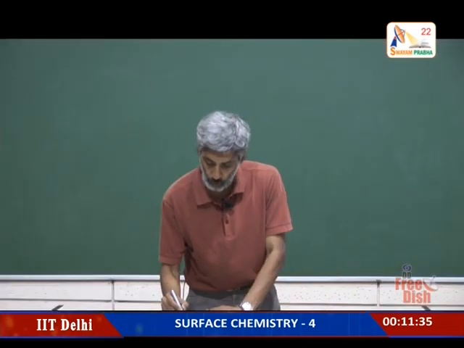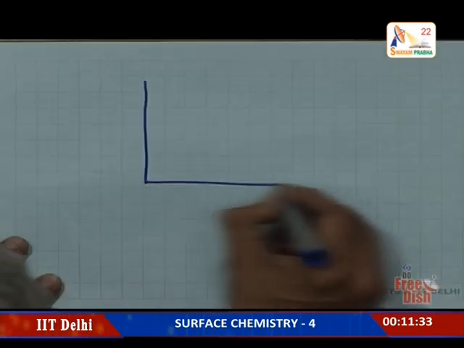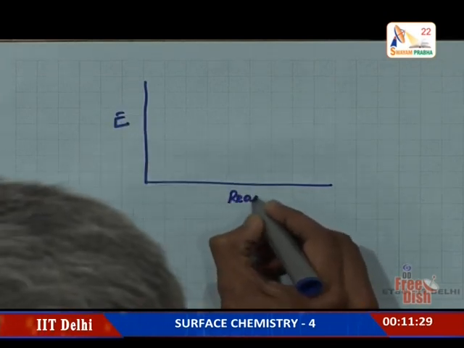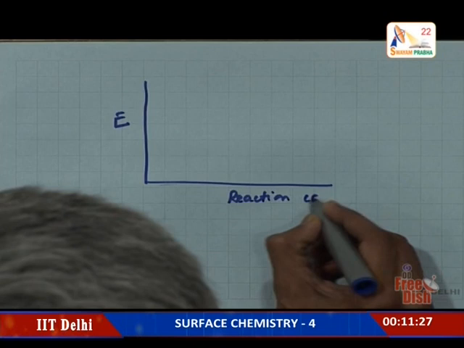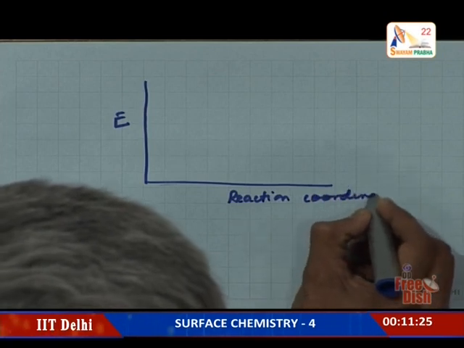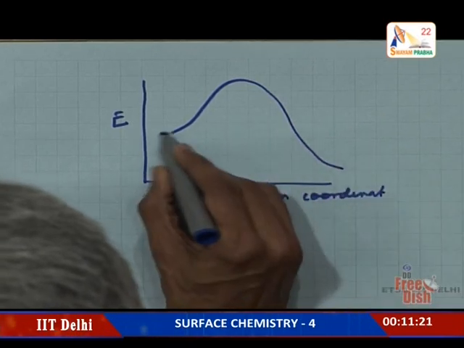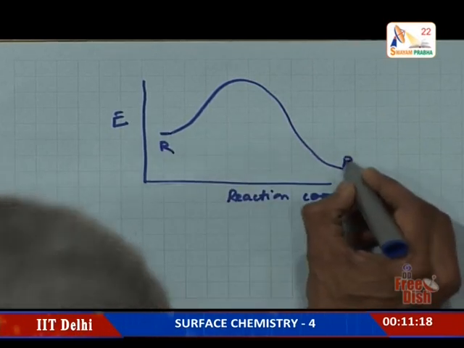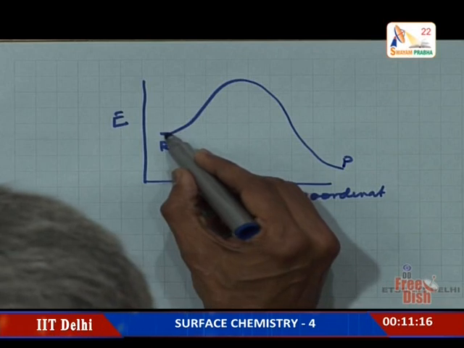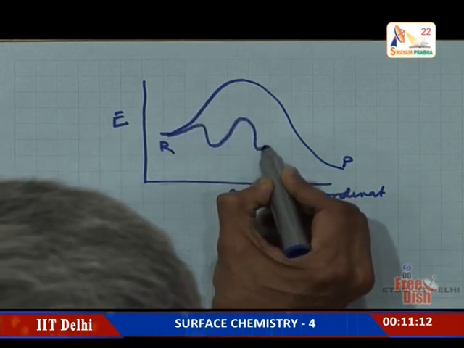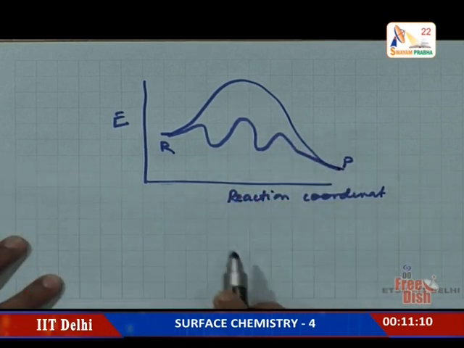And if you drew the Gibbs energy versus the reaction coordinate profile, it is identical to what we had in the case of the catalyst. So, let us imagine that I have the reactants, I have products. What we are saying is there is an enzyme substrate complex, the enzyme product complex, and this.